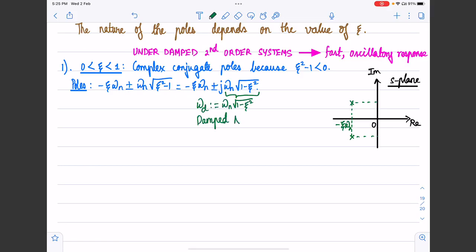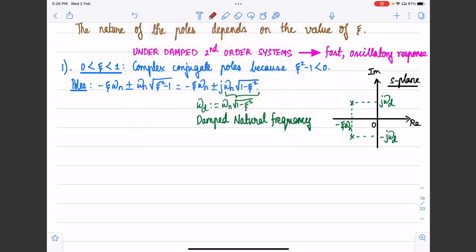Consequently, the complex poles are at plus j omega d and minus j omega d. So the two poles are at minus zeta omega n plus or minus j omega d.